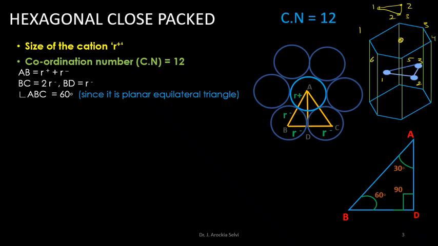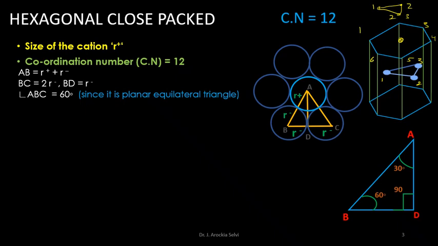So totally you have 12. Now for calculation purposes, let us leave the below and the above anions, and only take those which are present in that plane. So this is the cation and the remaining 6 anions are touching the cation.